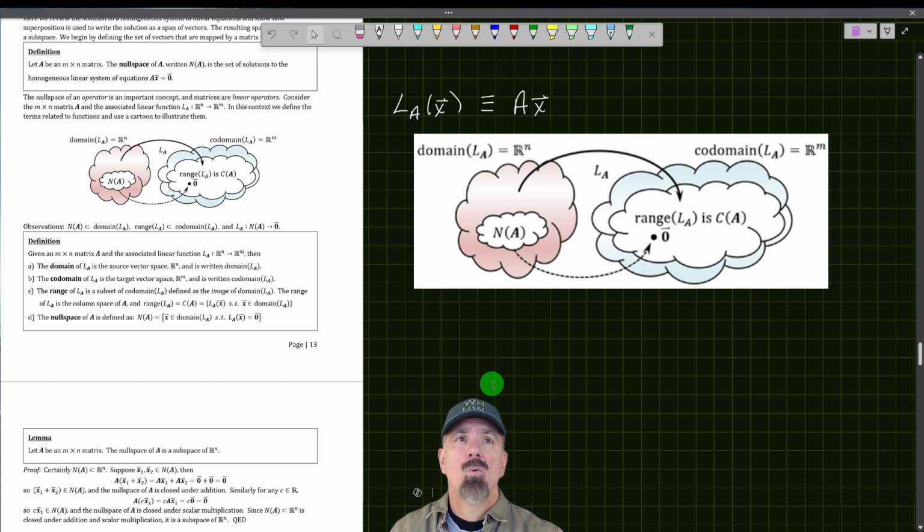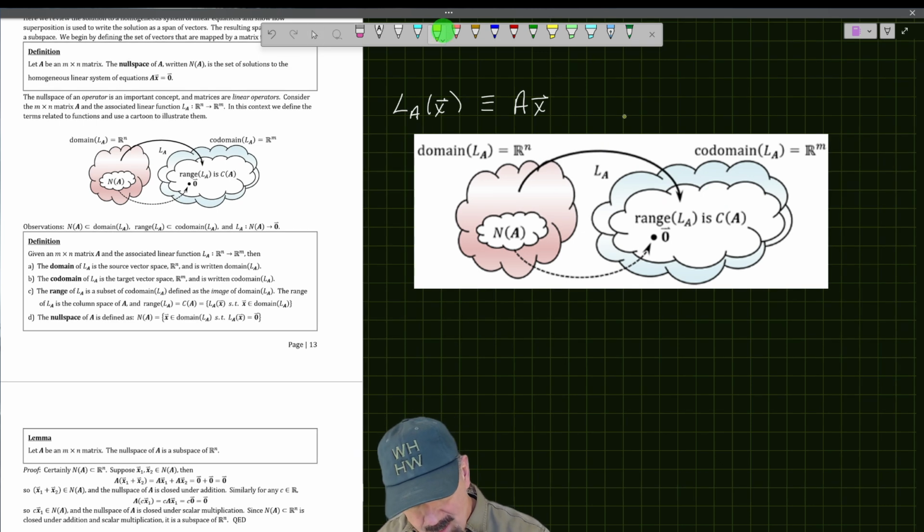So what we have here is just a pictorial graphic, and Strang has a better graphic that we're going to start using in another week or so. But this does a good job of demonstrating that matrix vector multiplication is a function which is mapping from this side, which is Rn, over to Rm, as long as A is size m by n.